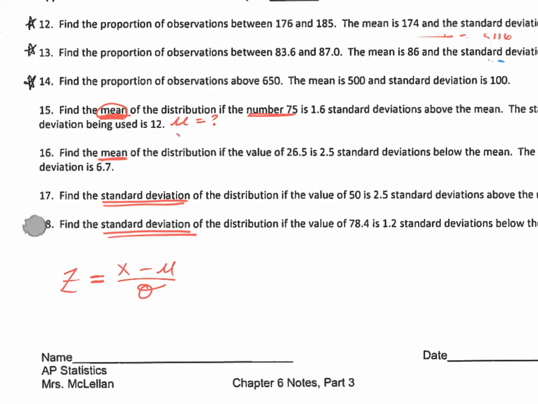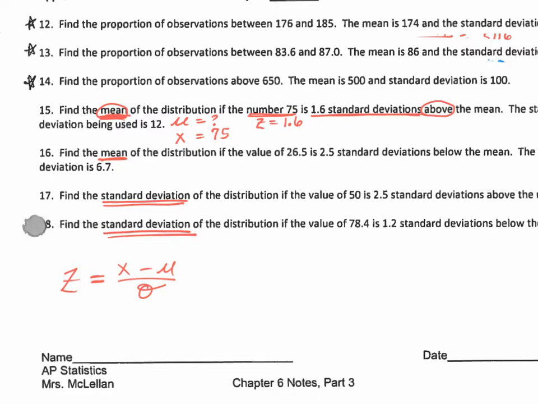That's going to be our x value because it's our number. 75 is 1.6 standard deviations. What represents the number of standard deviations? That is your z-score. Okay, so z is 1.6. Now it does say above the mean, so it is positive 1.6. You do have to watch out for that and pay attention there.